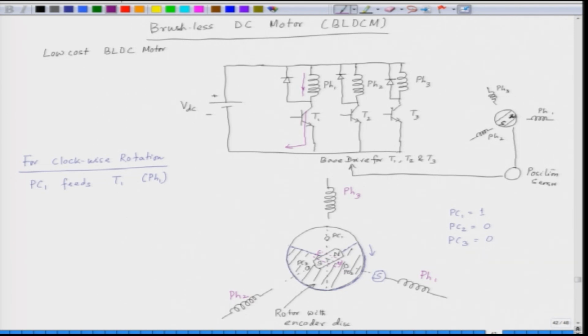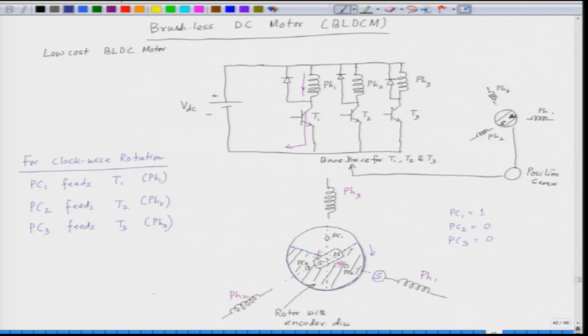So, PC2 has to feed transistor 2 which is connected to phase 2, and similarly after some time PC3 will be on, PC3 feeds T3 which is phase 3.